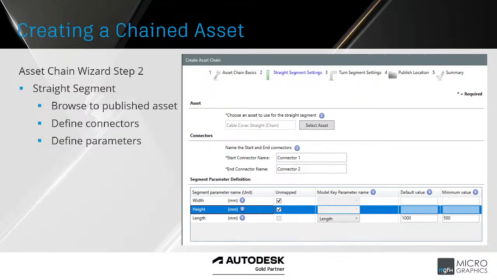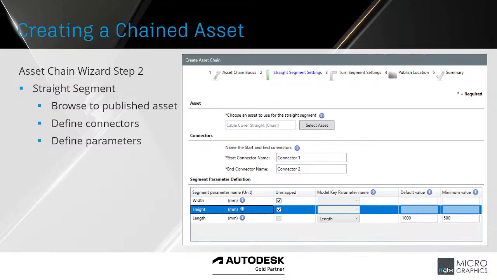Once you've filled in the first page, you then move on to the second page, and this is where you specify the straight segment. So under asset, you would select asset and browse your asset browser and choose what is the asset that is used for the straight segment. You would then set your start and end connector names. So I've just used connector 1 and connector 2. And then below that, you would choose your parameters that are important for this.